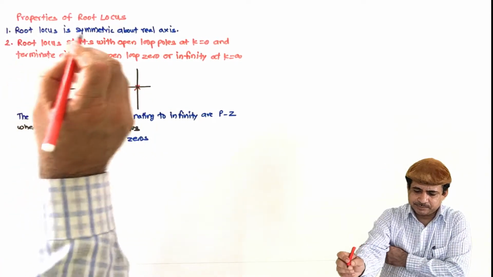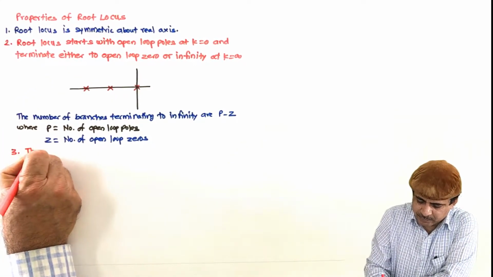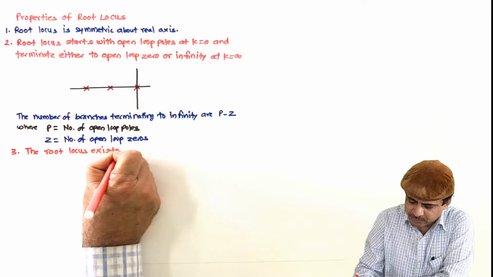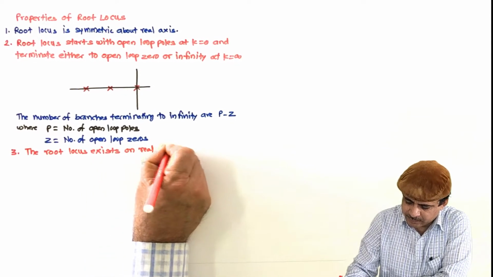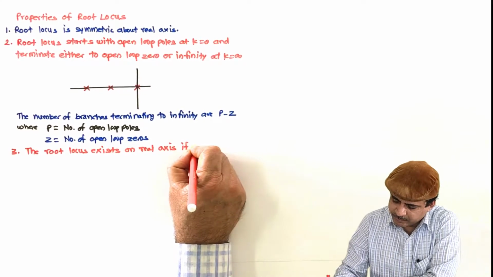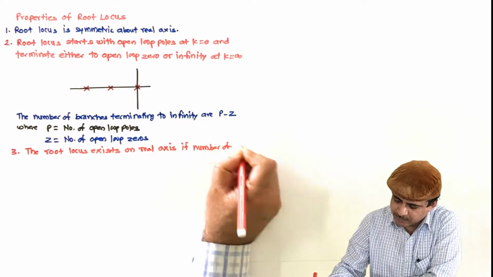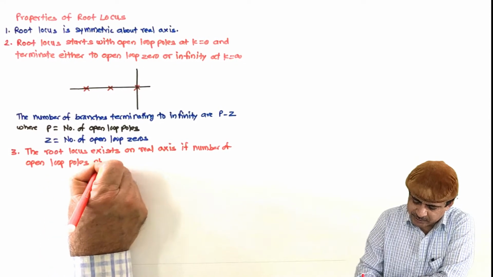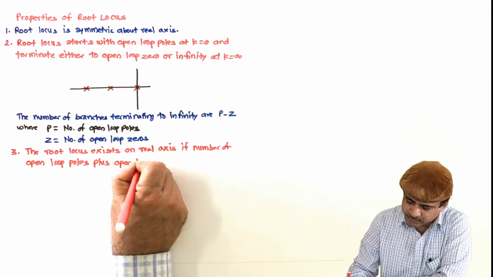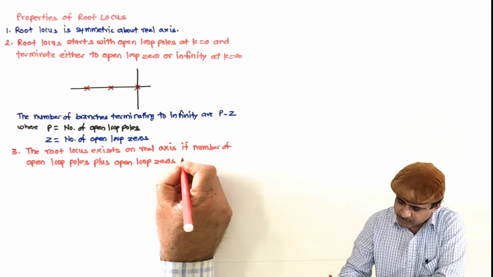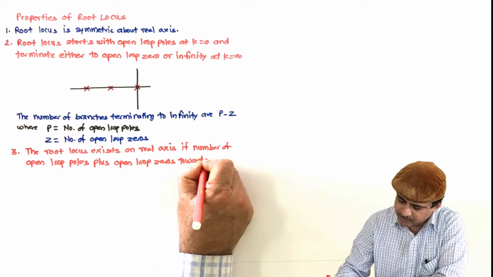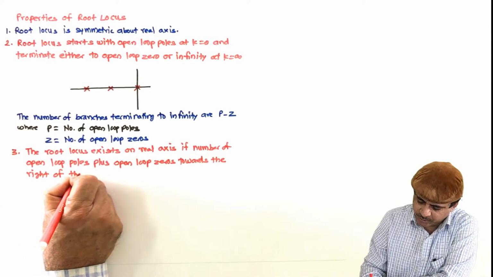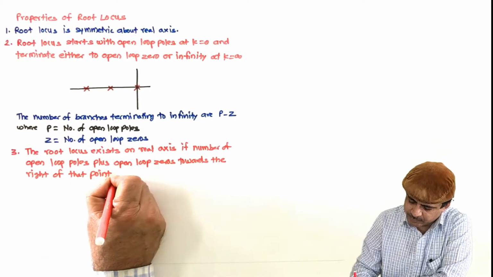So let us see the third property. The root locus exists on real axis if the number of open loop poles plus open loop zeros towards the right of that point is odd.